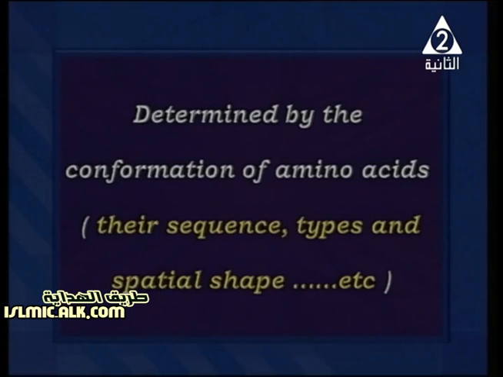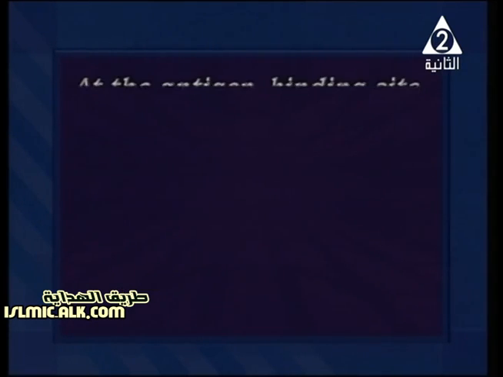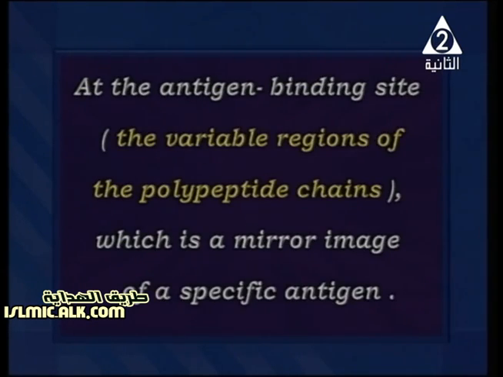This is determined by the conformation of the amino acids, their sequence, types, and spatial shape. At the antigen binding site, the variable region of the polypeptide chains is a mirror image of a specific antigen. As we said, it looks like the lock and its key.